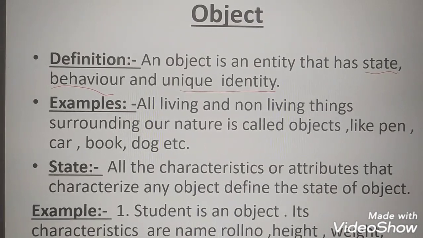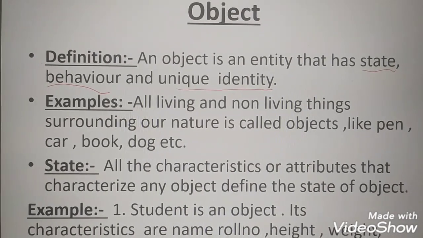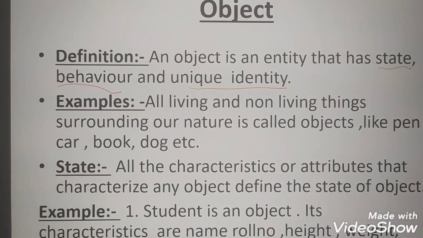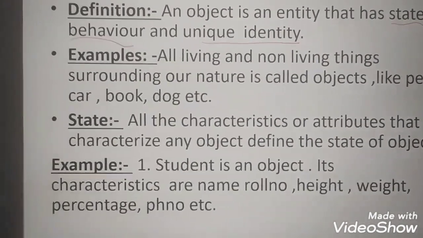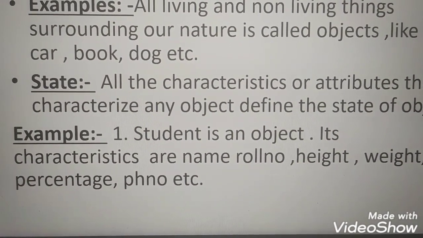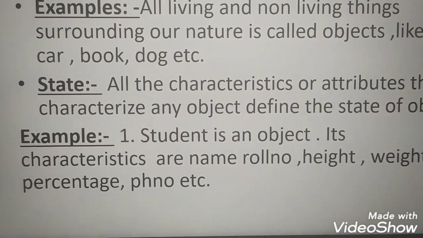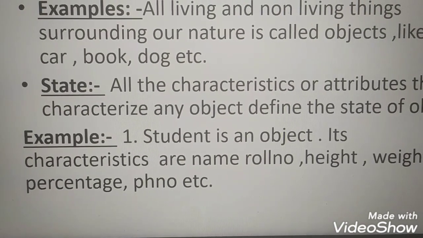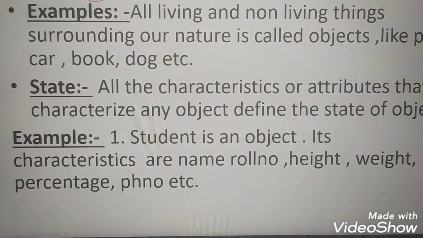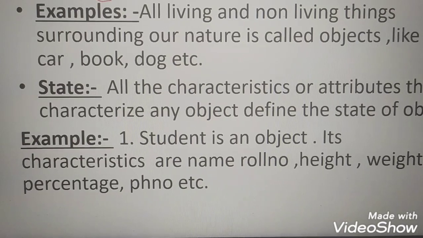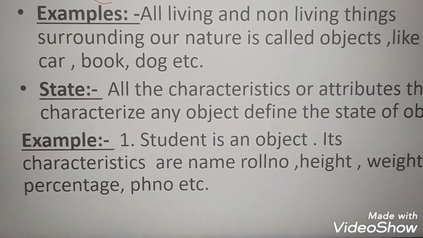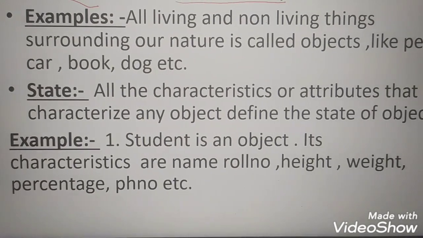So what is the meaning of characteristics or attributes? This is nothing but the data related to the object. From the example you will be more clear. Just see the example. The student is an object and its characteristics or attributes are, what are they? They are the name, roll number, height, weight, percentage, phone number, etc. These are the attributes or the characteristics of a student object.